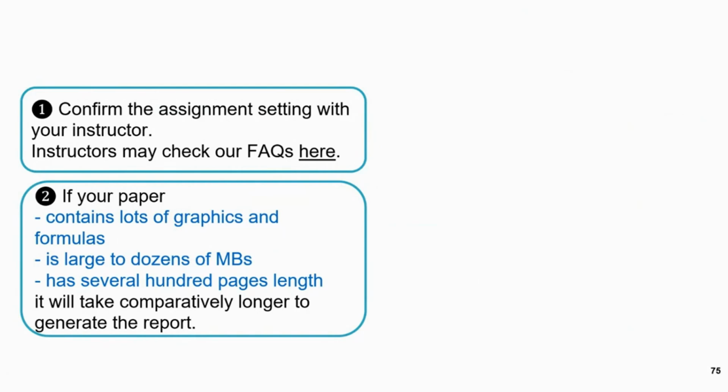So just give it more time. If you still can't see the report after 24 hours, please contact the library with your submission ID and full screenshot. Or you could examine the submission count. If you submit a paper to this assignment more than 3 times, you have to wait 24 hours.